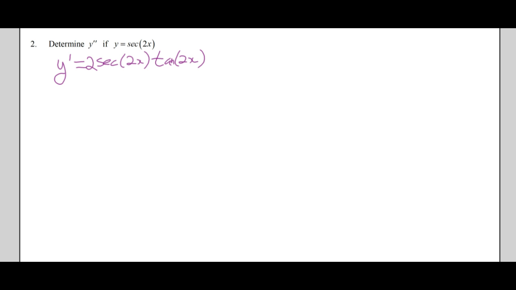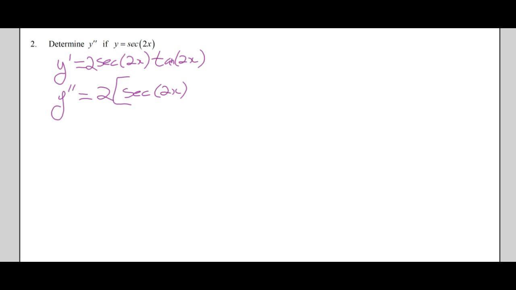Now we want y double prime. Well, it's going to be 2 times the derivative of sec 2x tan 2x. And we already know the derivative of sec 2x, right? We just did that. Oh, sorry, not yet, order.